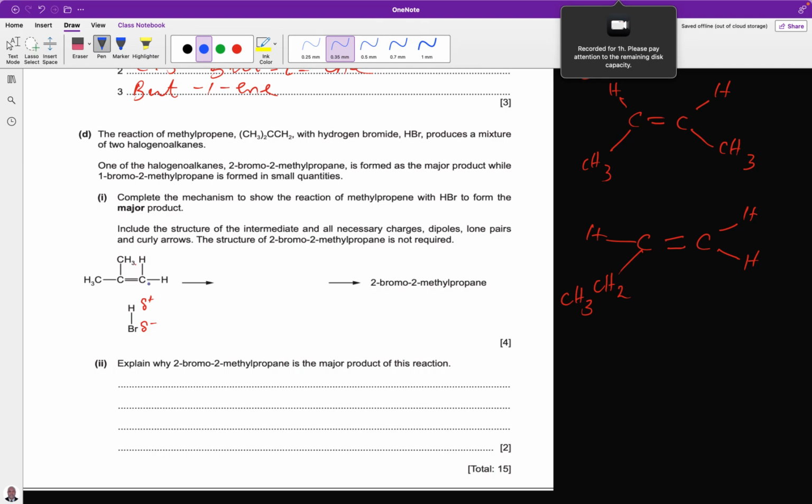Let me just show you what is happening. As the pi electrons approach this bond, the bonding electrons are pushed towards bromine.